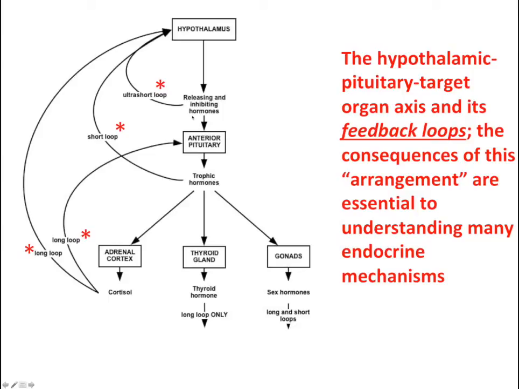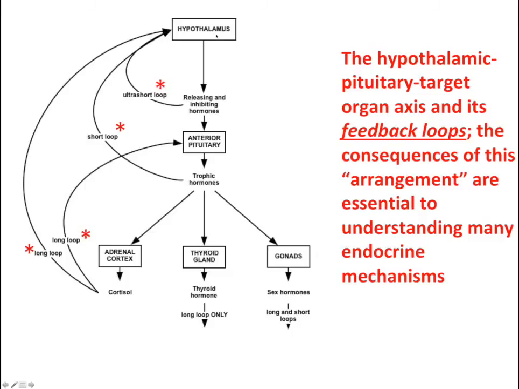And then also the anterior pituitary will release hormones, and these feed back on the hypothalamus to prevent the release of the initial hormone. And then you have long loop, which is when the distant effector organ releases a substance that inhibits both the anterior pituitary and the hypothalamus.